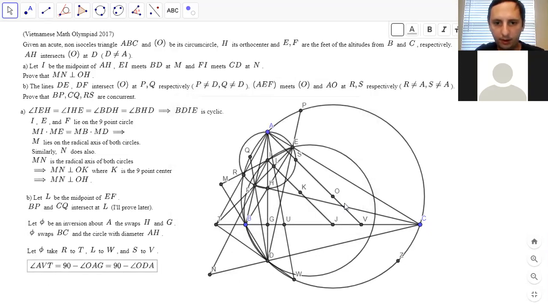And that's equal to angle OWD. So I want to show 90 minus ODA is OWD, but OWD is the same as ODW, right?